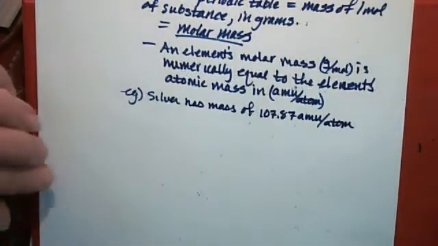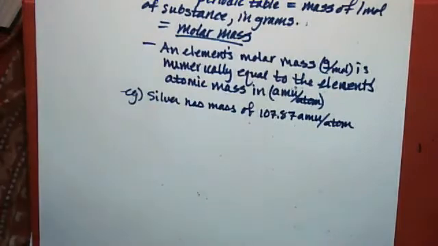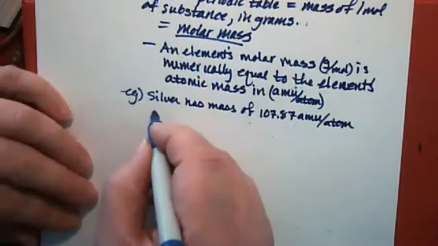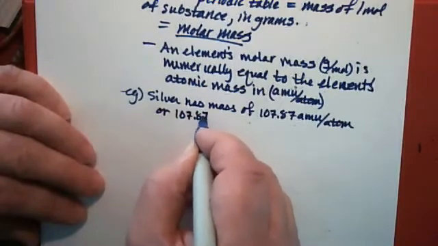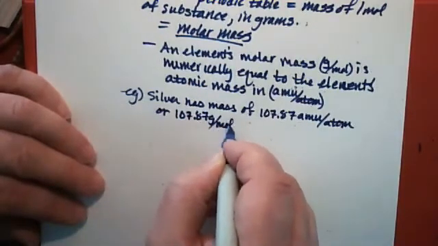So in other words, silver, according to the periodic table, an average atom of silver has a mass of 107.87 atomic mass units per atom, or 107.87 grams per mole of silver atoms.